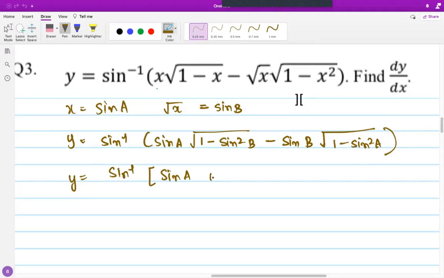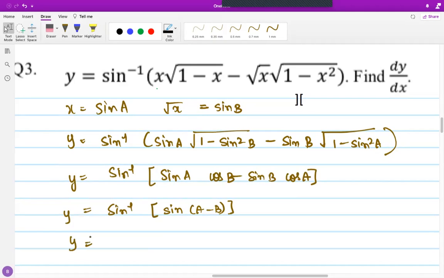That is cos B, minus sine B into the root of 1 minus sine square A, which is cos A. So you came to know this is the formula: sine A cos B minus sine B cos A. It is the sine subtraction, sine of A minus B.